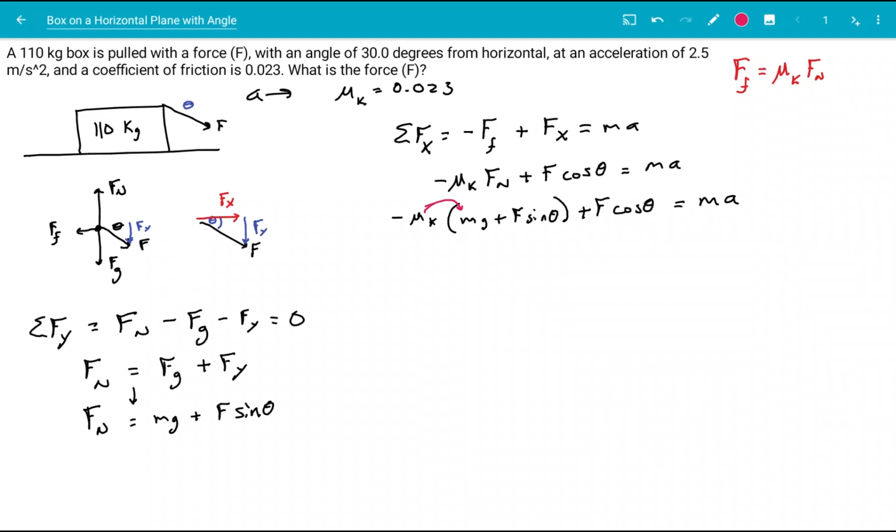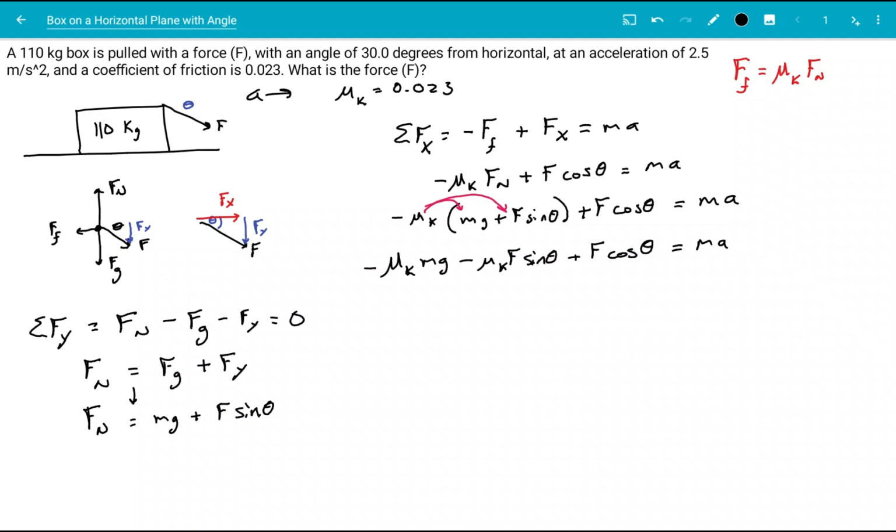Mu kinetic has to be distributed, so let's do that. Minus mu kinetic mg plus, oops, this is going to be negative, so let's change that, minus mu kinetic F sine theta, plus F cosine theta equals ma.